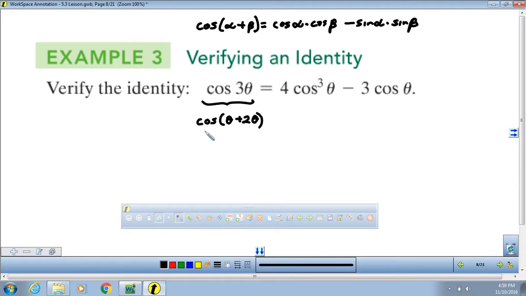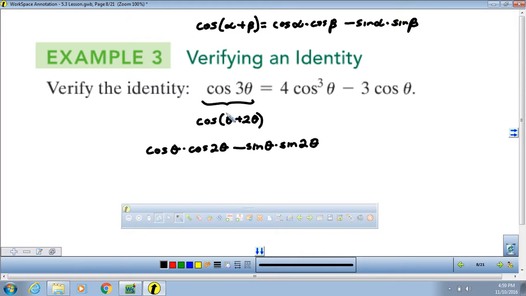So we can rewrite this. Alpha is theta and beta is 2 theta, right? So that would be cosine of theta, which is my alpha, times cosine of beta, which is my 2 theta, minus sine of alpha, which is my theta, times sine of beta, which is my 2 theta right here.